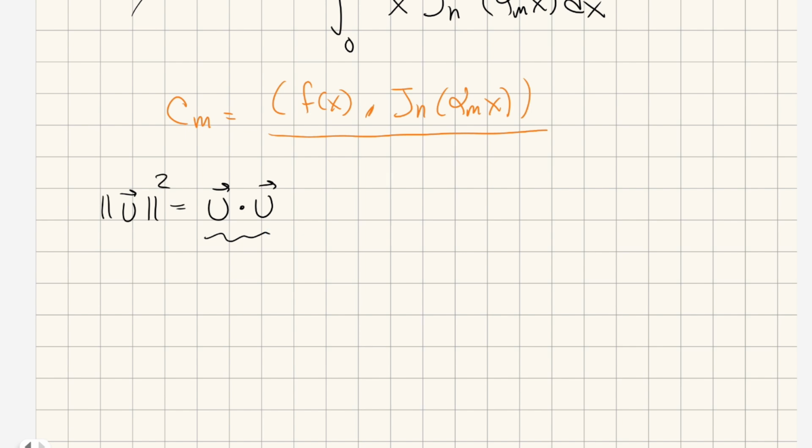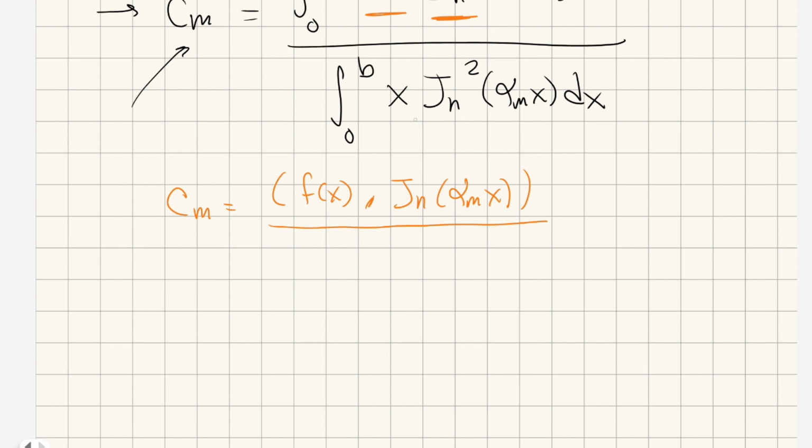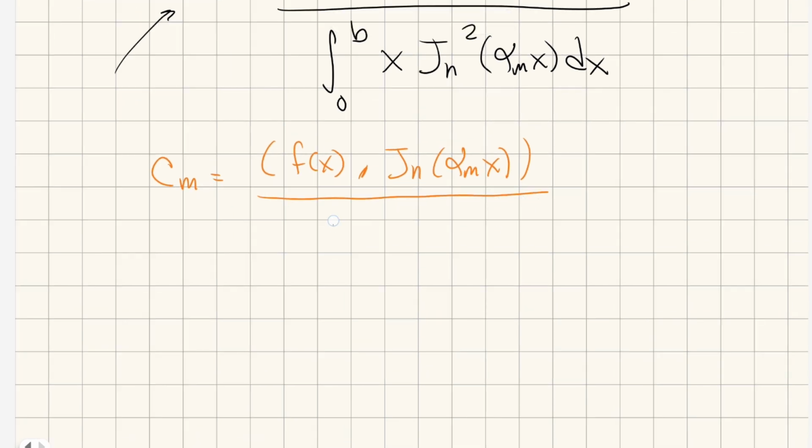We are considering that this dot product can be seen as an inner product. Well, in this case, it's just the same. This inner product can be seen as the dot product, but now we are speaking in the context of functions. So the dot product will be this inner product, and we are making the inner product with itself. Okay, so this can be seen as the norm of Jn alpha m x squared, right?